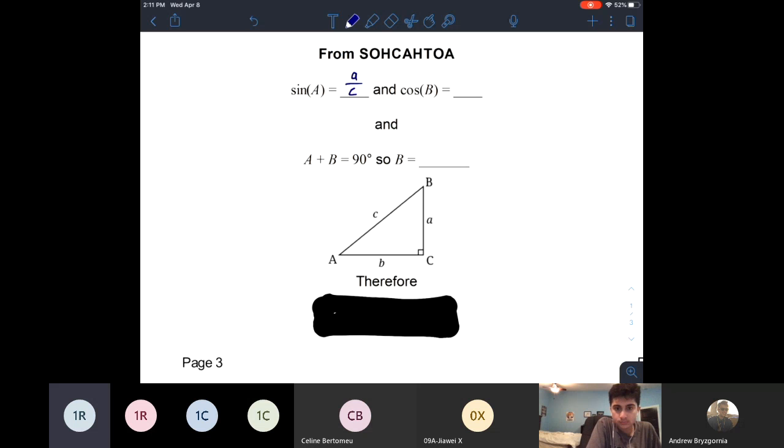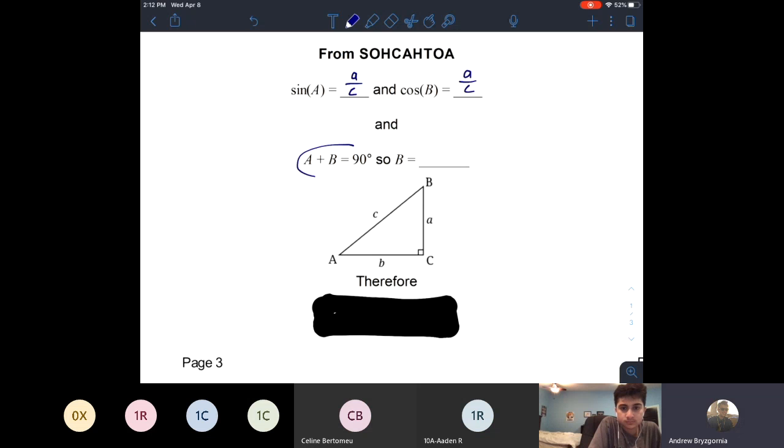Adjacent over hypotenuse? Yeah, so it's adjacent over hypotenuse. So use the letters in the picture. B over C? Okay, make sure you're using it from angle B though. Okay, so A over C. Yeah, so this also is A over C.